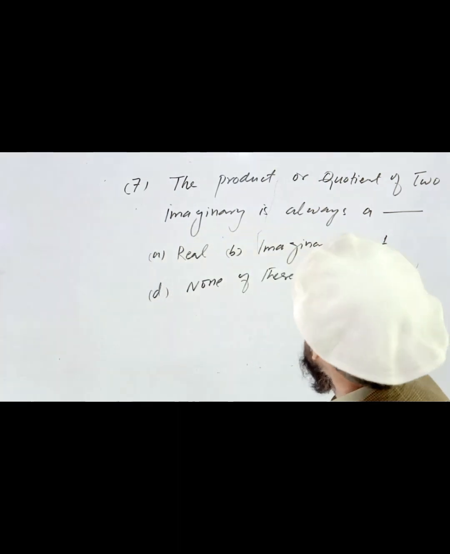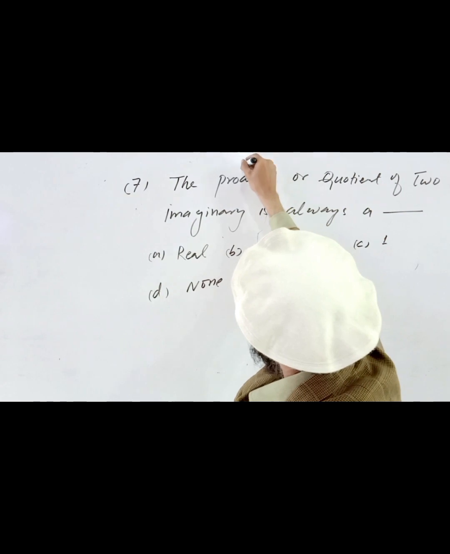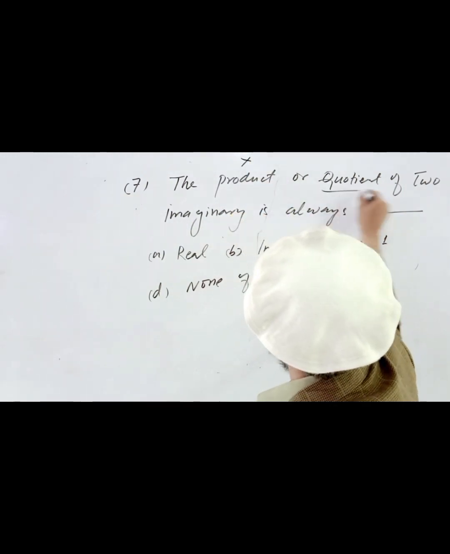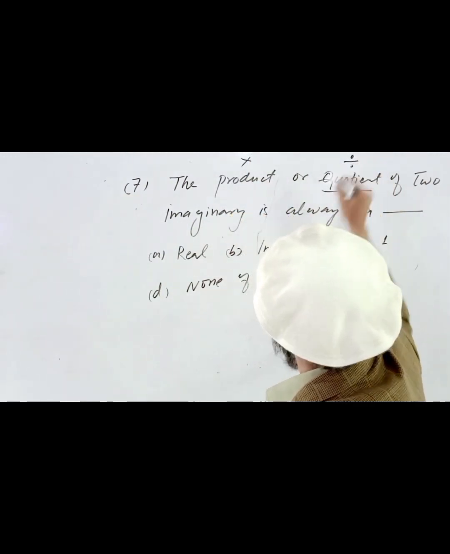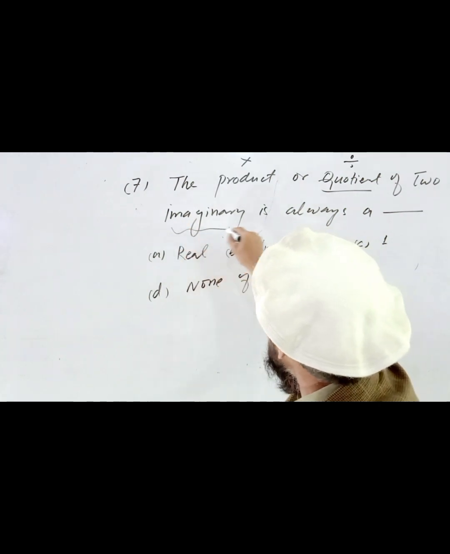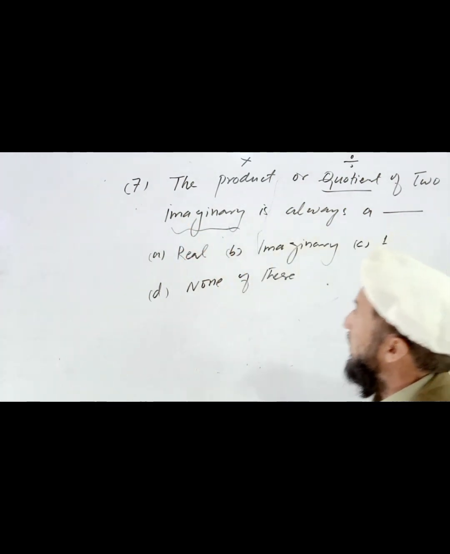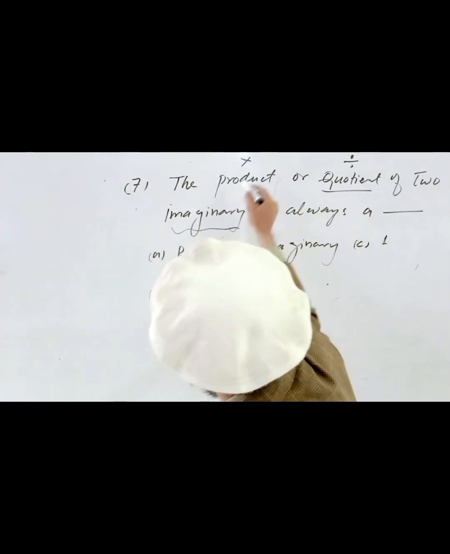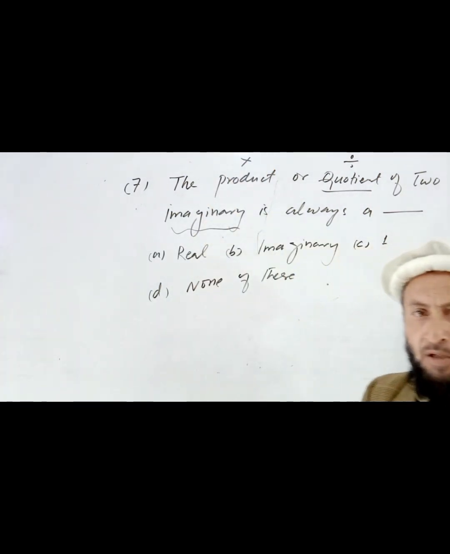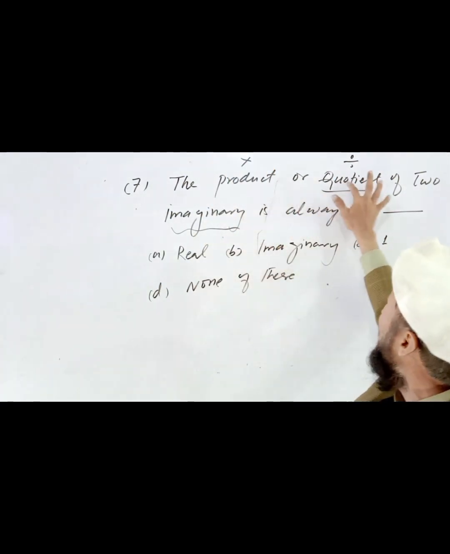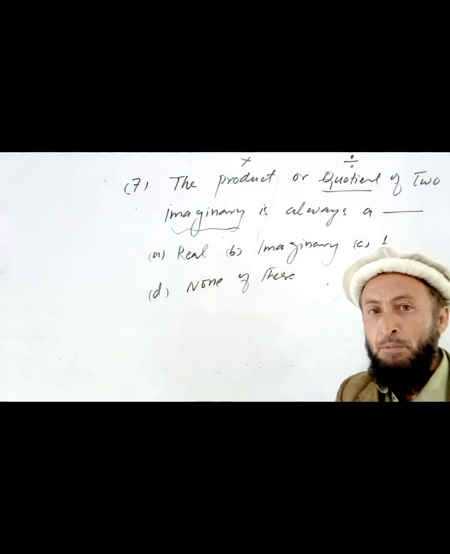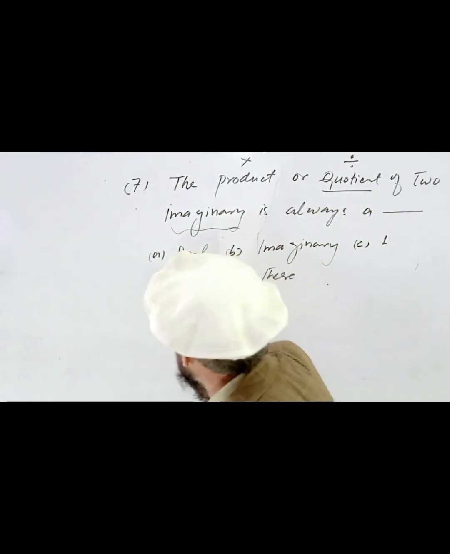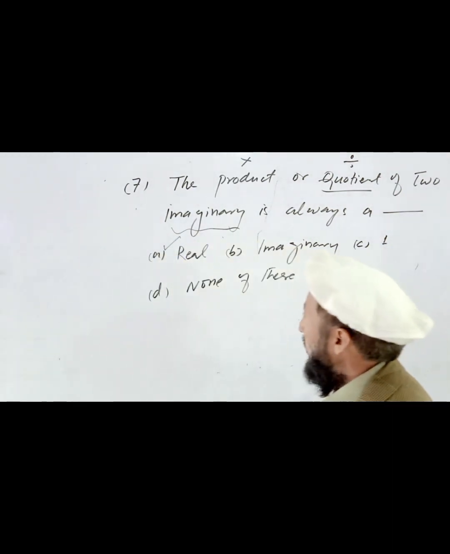So look here, product means multiplication and quotient means divide, and imaginary numbers are used here. You must remember that if product or quotient is used in the question, it means that we get a real number. How?